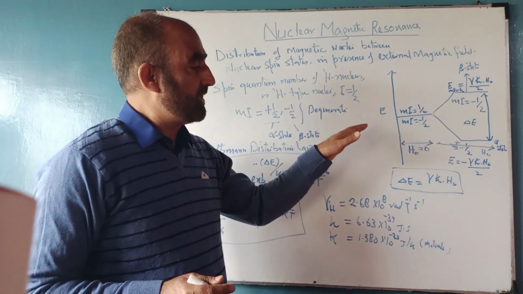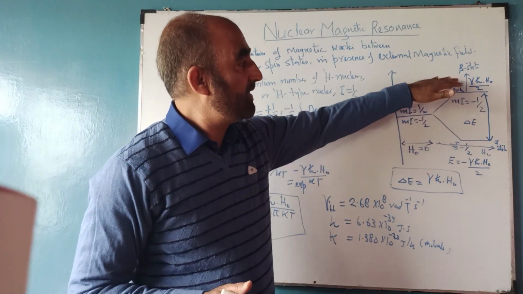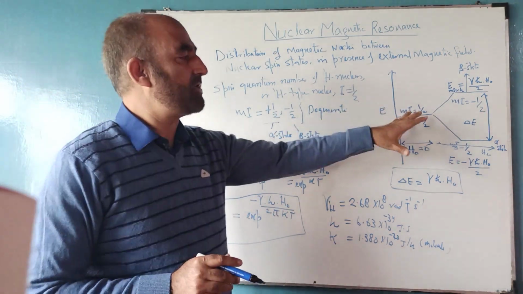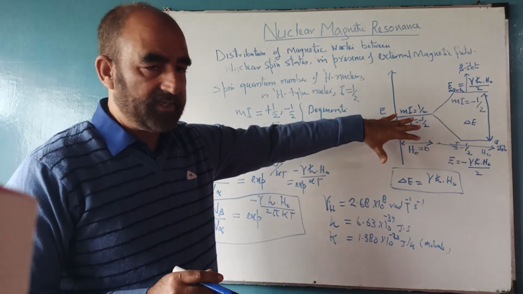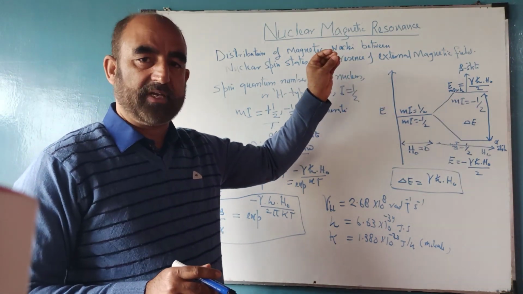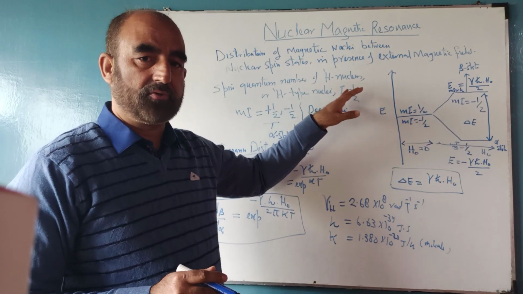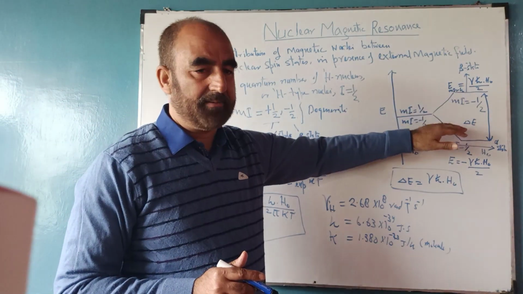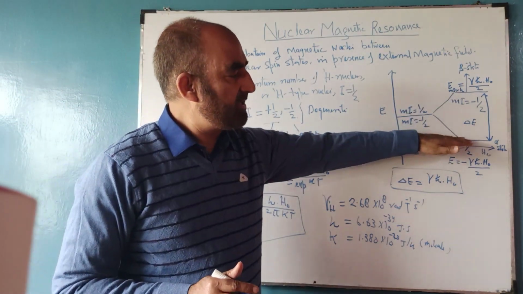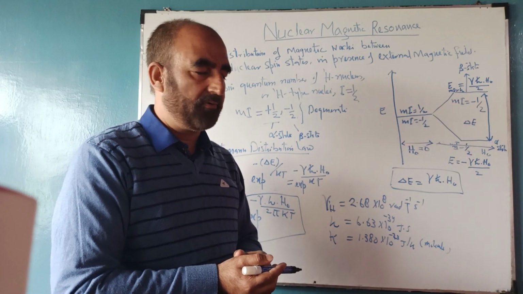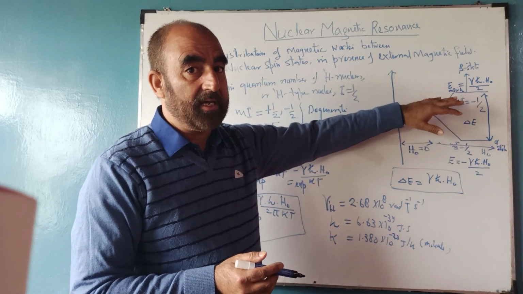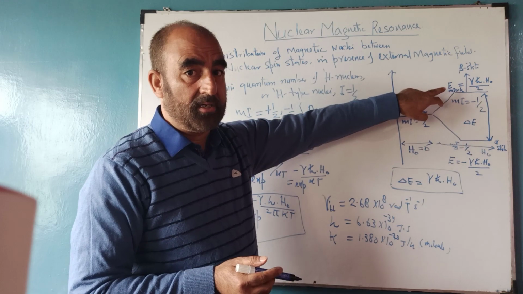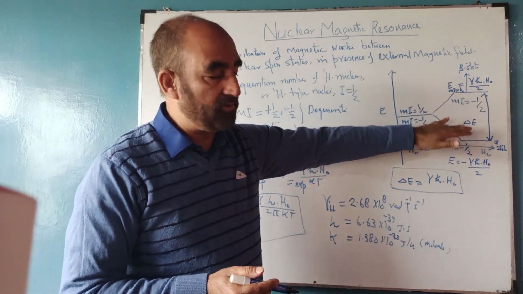Because if we assume, for example, that the population between these two states is the same, and we expose the sample to radio frequency radiations, some of the particles in the ground state will absorb the radio frequency and be excited to the excited state. Then the probability is the same that some particles in the excited state emit a radio photon and return back to the ground state.